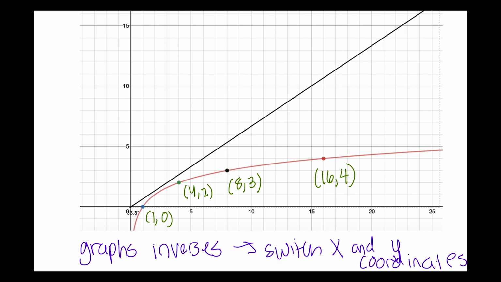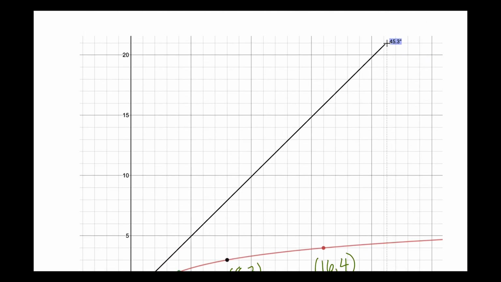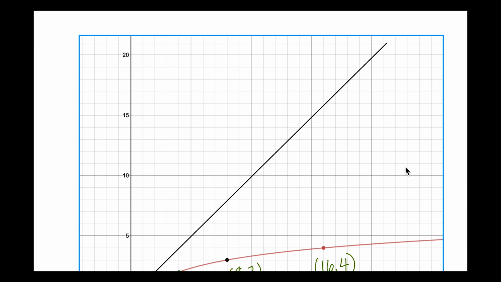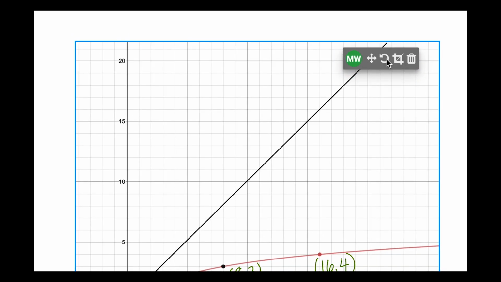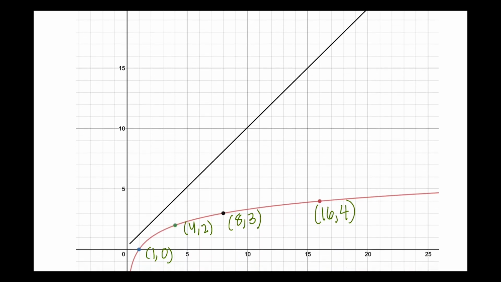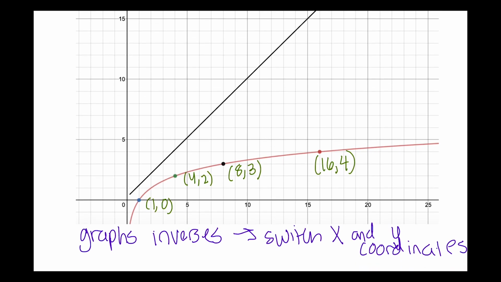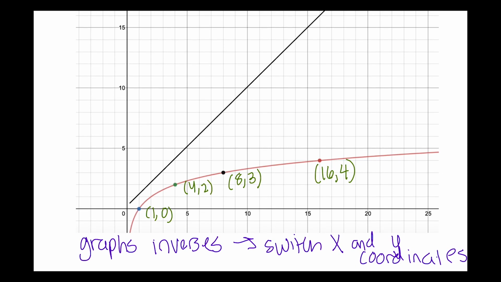And you may remember from geometry that when you switch the coordinates, it reflects over the line y equals x. So instead of plotting 1, 0, I want to plot 0, 1.